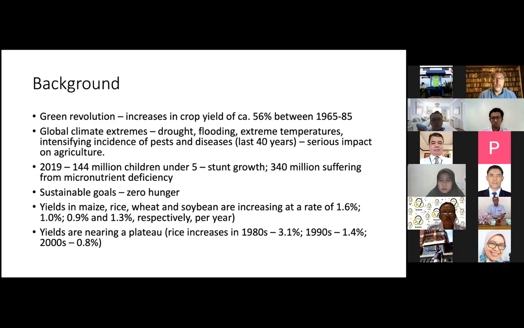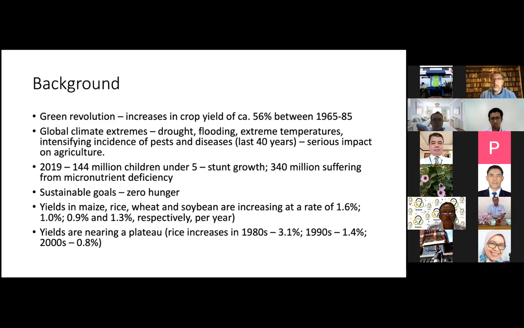One of the sustainable development goals by the FAO, by the United Nations, is zero hunger. And despite the fact that we had and keep having increases in the major cereals and legumes such as maize, rice, wheat, and soybean, with growth rates of 1.6, 1.9, 1.3, averaging around 1.2, they are nearing a plateau.